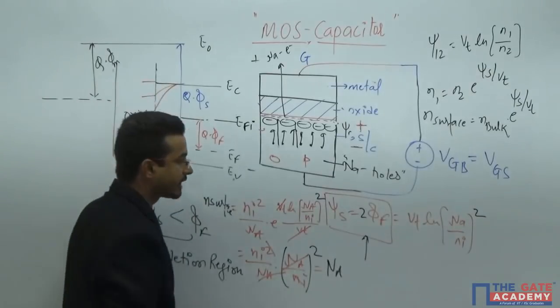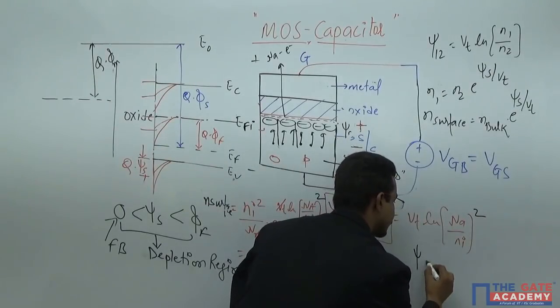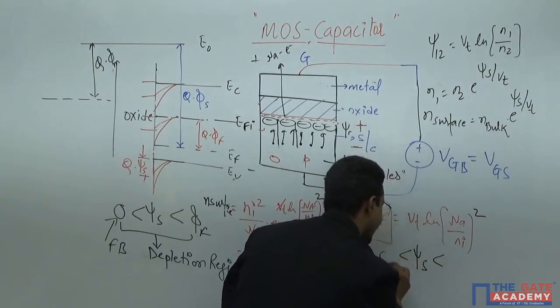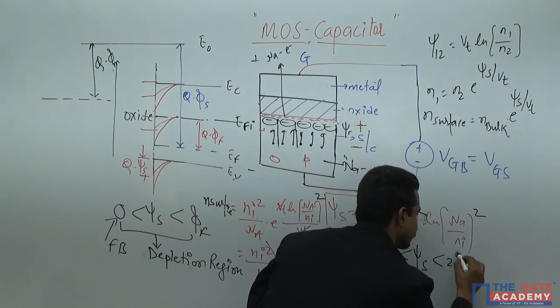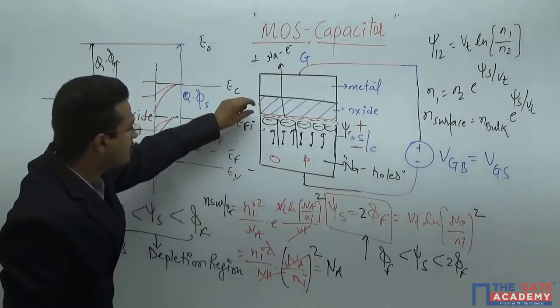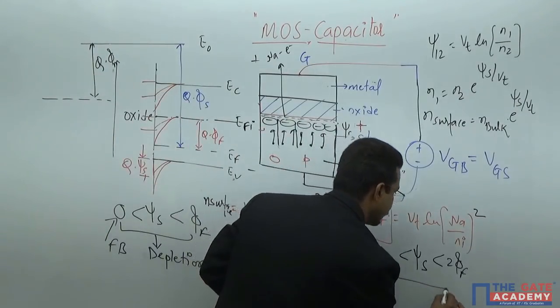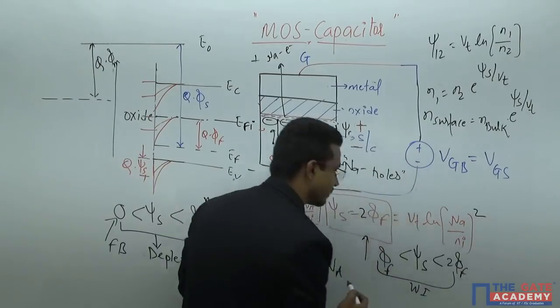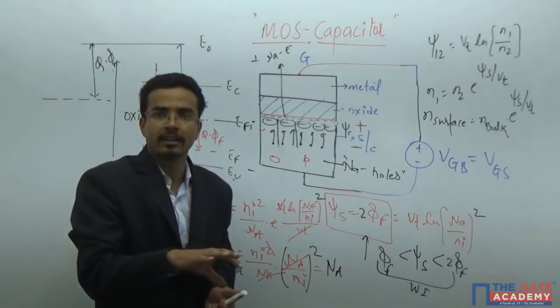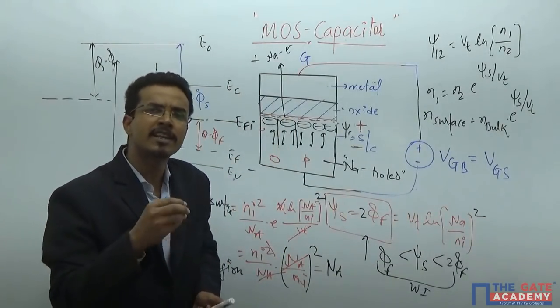So, whenever you increase the value of psi s from phi f to 2 phi f, the number of charges is less. So you call this region the weak inversion region, because you have inverted the channel, but the number is very poor.